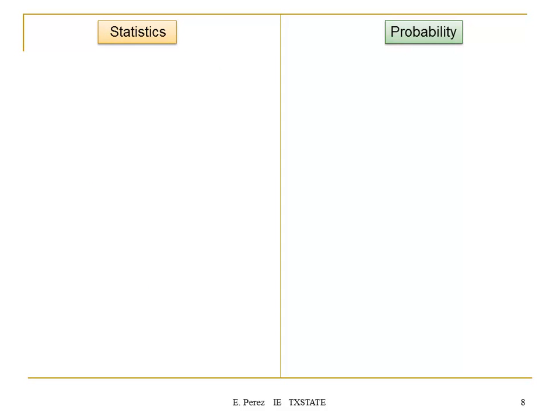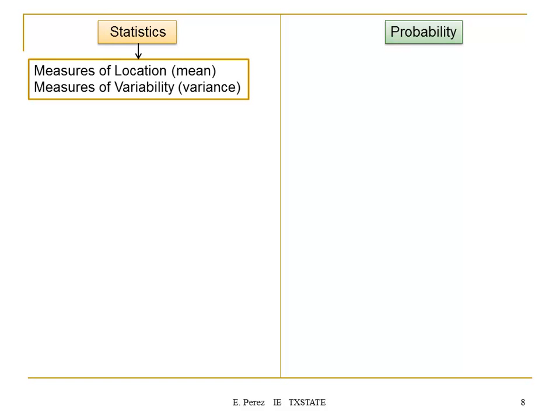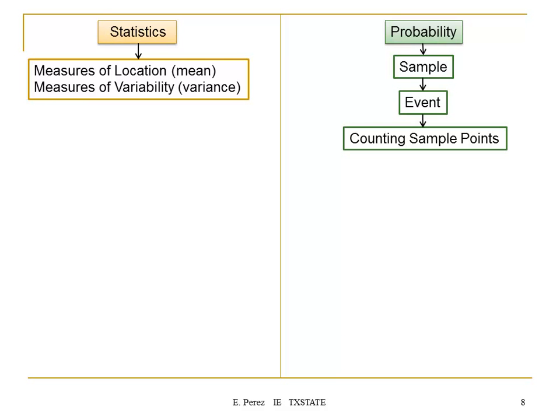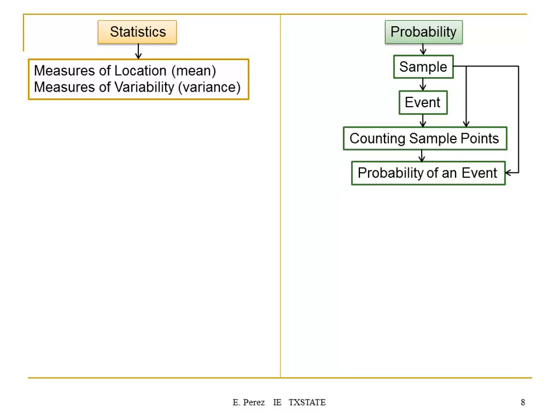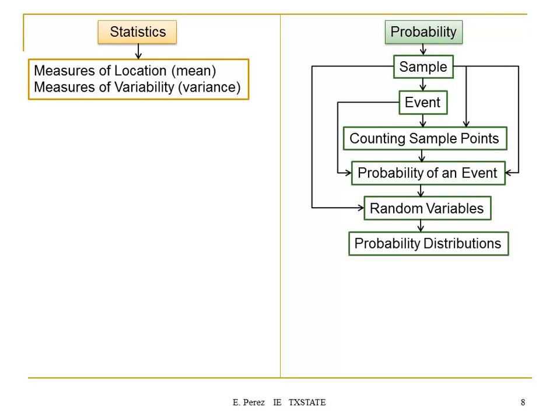Again, as I did in the video, just want you to be sure on where we are in this class. So we started by covering these measures of location and variability. Then we moved to the probability side. So we discussed what a sample is, the event. We learned how to count sample points. We talked about the probability of an event. Then we discussed random variables. We talked about probability distributions, discrete and continuous.